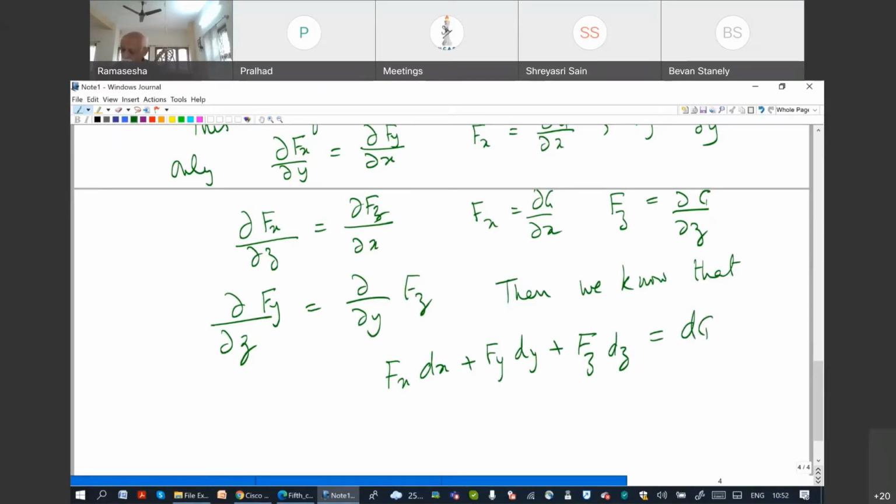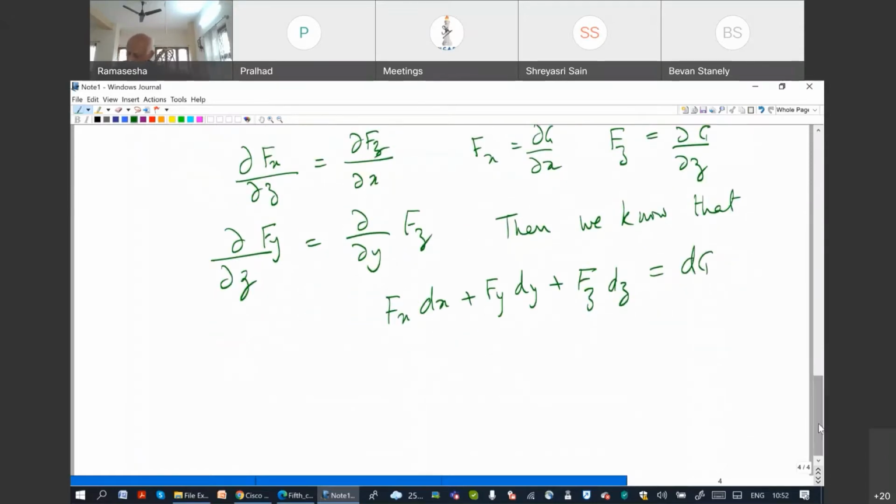Because in that case the first differential of g with respect to x will be fx, with respect to y is fy, and with respect to z is fz, since when I take the second differentials, it satisfies the condition that I have put forth above.